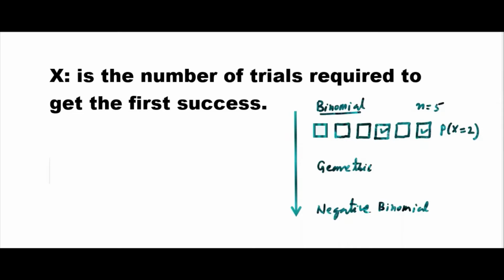Suppose you stop tossing the coin when you get two heads, or two successes. So stop tossing the coin. That means we are talking about the number of trials here. We found the probability of the number of successes there. Here we have to find the number of trials required.